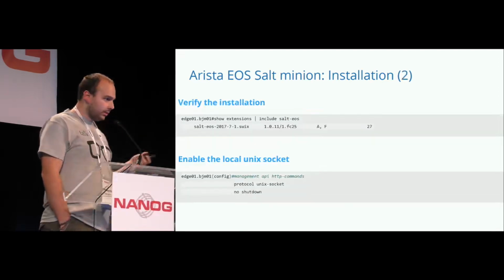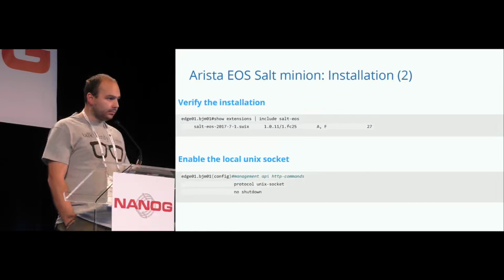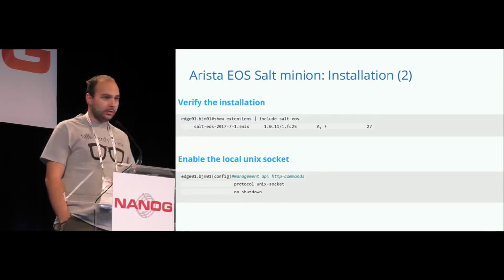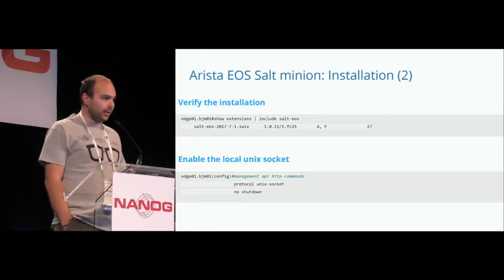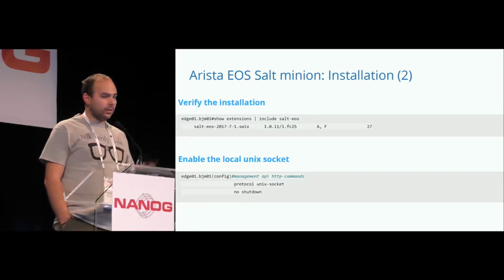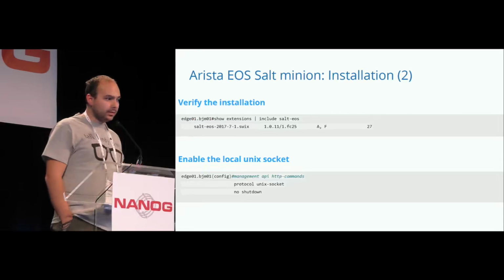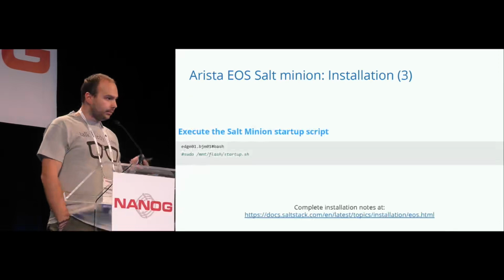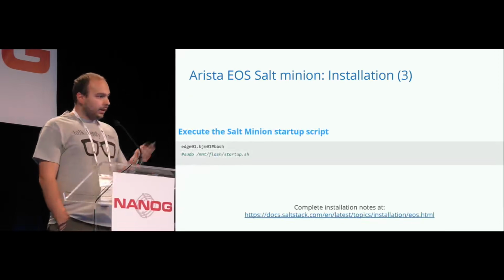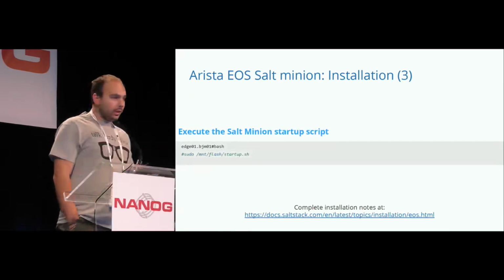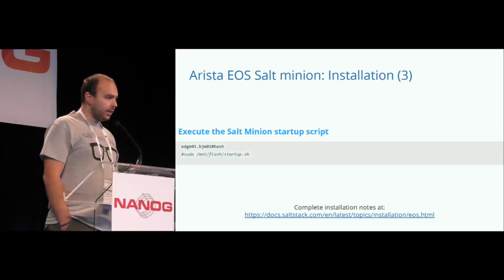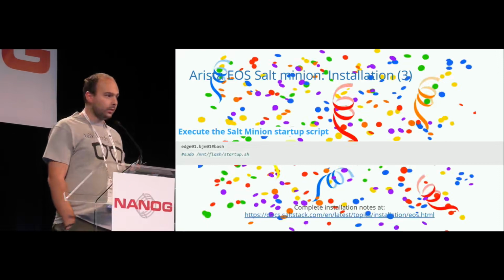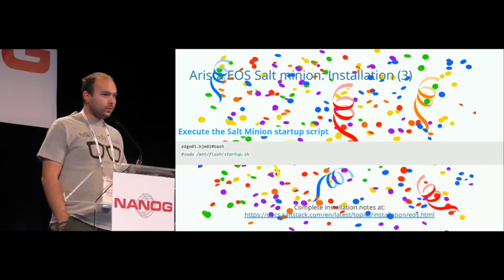Install the extension, check that it is there, and then you have to enable the local Unix socket, so the Salt Minion will be able to access and configure your device, and has access to your configuration and any other management. Then all you have to do is execute this bash script, and you're all done. You have just transformed your router or switch into a server.